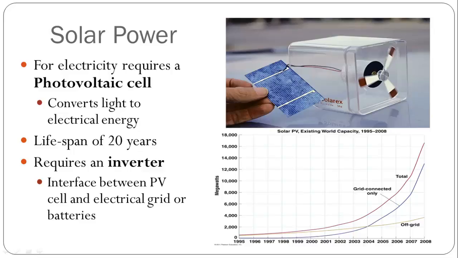So they aren't permanent in their use, but 20 years is a good amount of time for a product. It needs an inverter, so you have to have some interface between the cells and the electricity, and that is where most of the cost is in solar power.